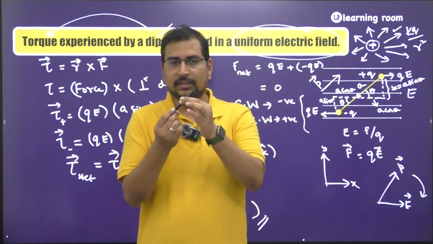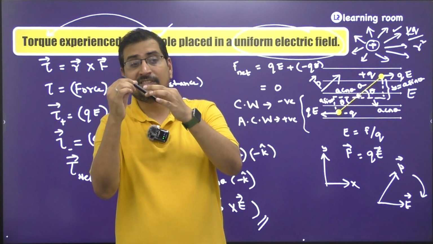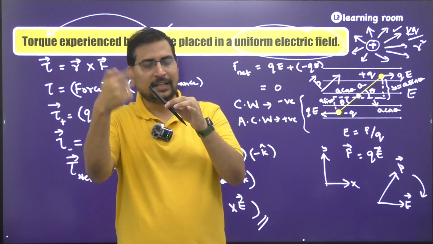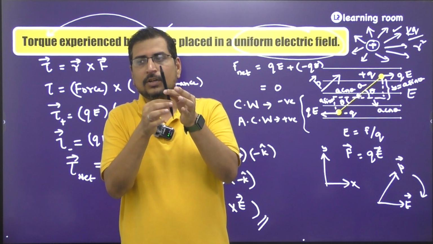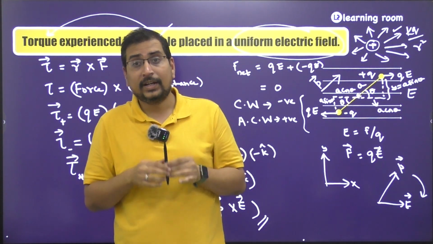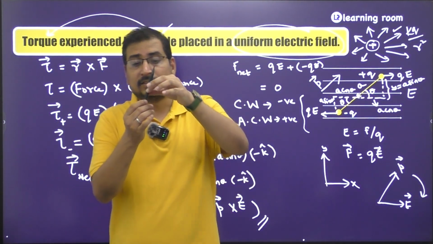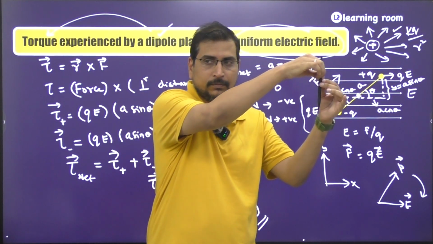So if you visualize it, in this scenario, this object is only revolving like this, about a fixed position. You can imagine the minute hand of a clock. It is revolving about a fixed position, hinged at the center. So it will keep revolving like this. Whereas if the same system was placed in a non-uniform electric field, the system would have rotated as well as had a translatory motion like this.